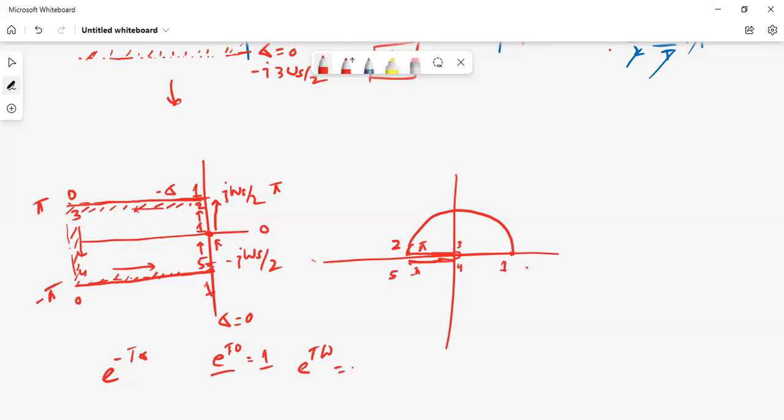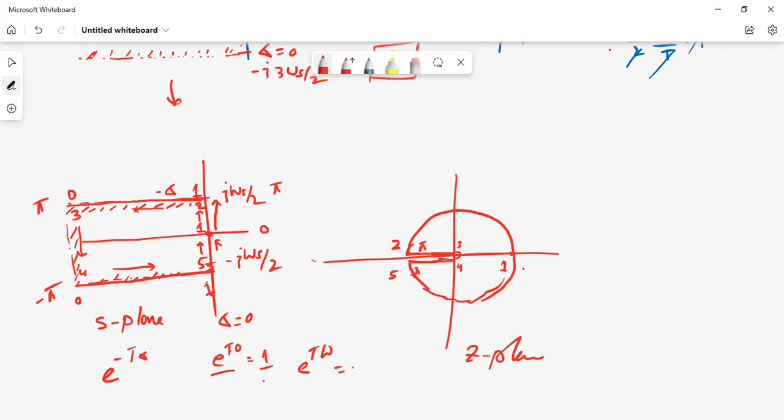Now from 5 to 1, again the magnitude is 1, so you will have a symmetrical pattern, something like this. So the entire primary strip can be mapped in the Z plane. This is your S plane, and this is your Z plane.